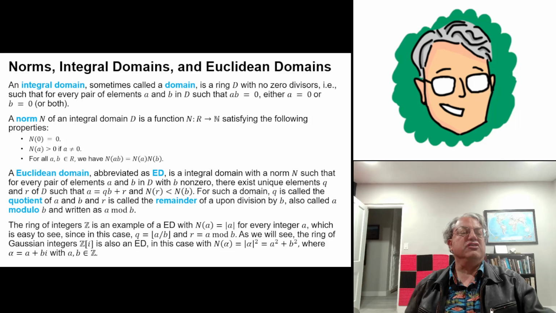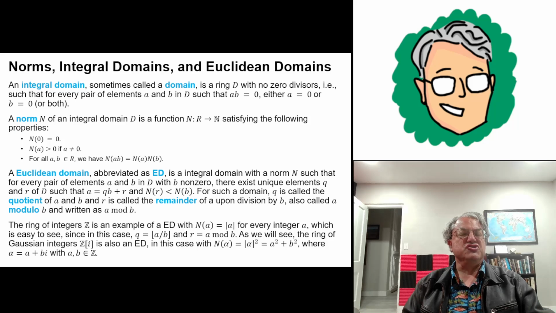But first let's define an integral domain. An integral domain, sometimes just called a domain, is a particular type of ring. In particular, it's a ring, we call it D here, and it has no zero divisors. That's the only other characteristic it has. In other words, for every pair of elements A and B in the domain D, if the product AB equals 0, then it's necessarily true that at least one of A or B, or possibly both of them, is equal to 0.